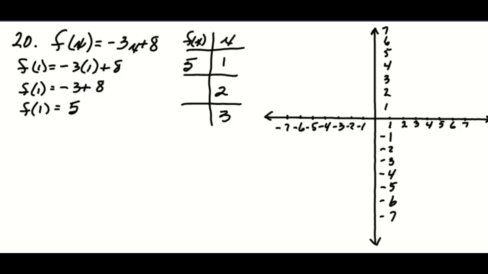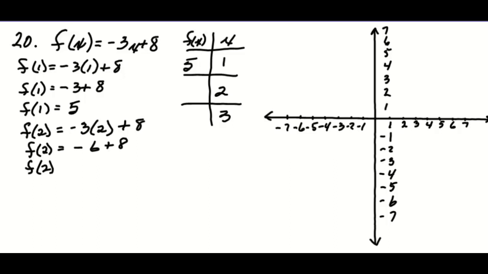So we'll put a 5 in there. A function of 2 is equal to negative 3 times 2 plus 8. Function of 2 then turns out to be negative 6 plus 8. And that function of 2 then turns out to be 2.